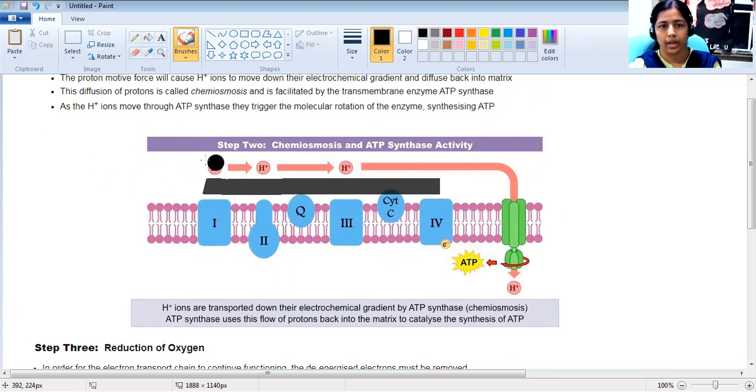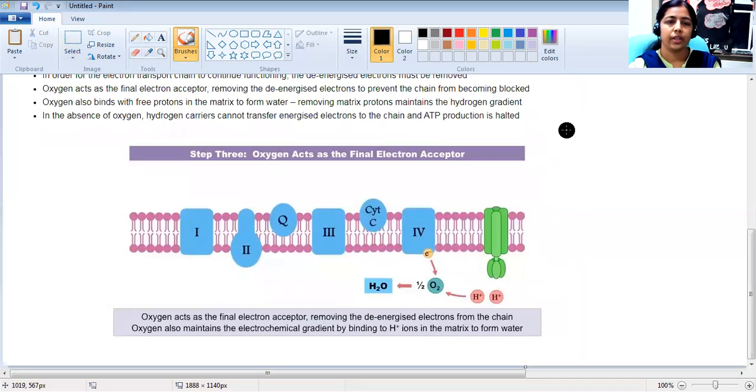These hydrogen ions are transported down the electrochemical gradient by ATP synthase. Chemiosmosis takes place, and ATP synthase uses the flow of protons back into the matrix to drive the synthesis of ATP.